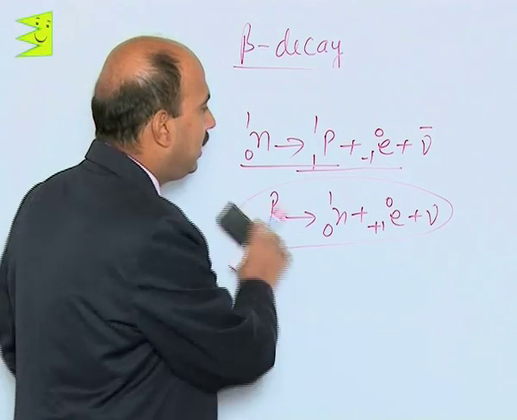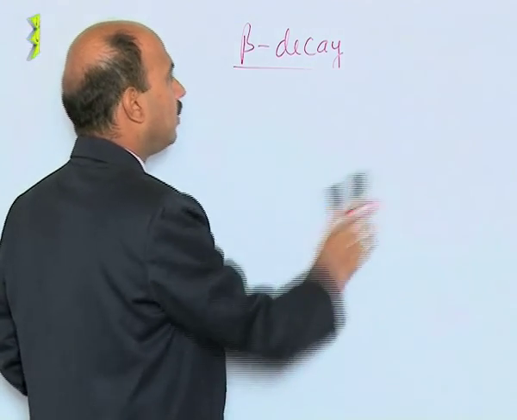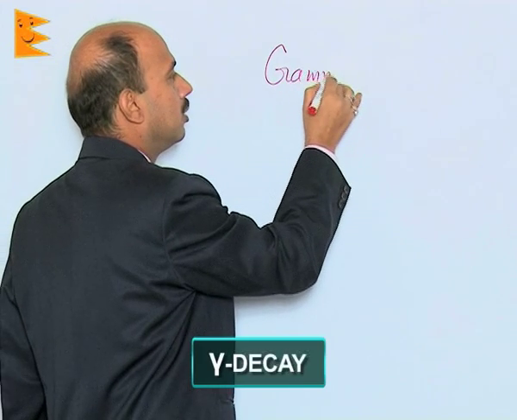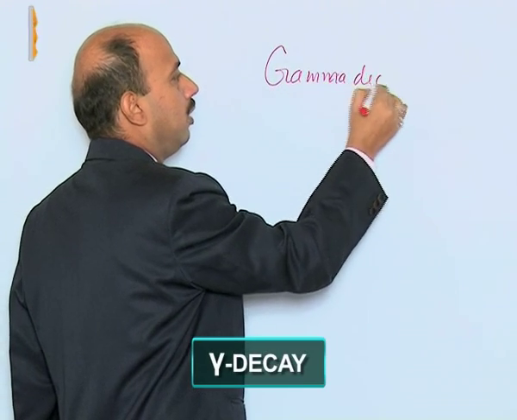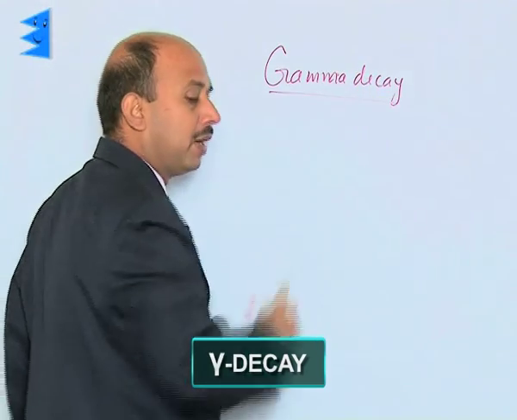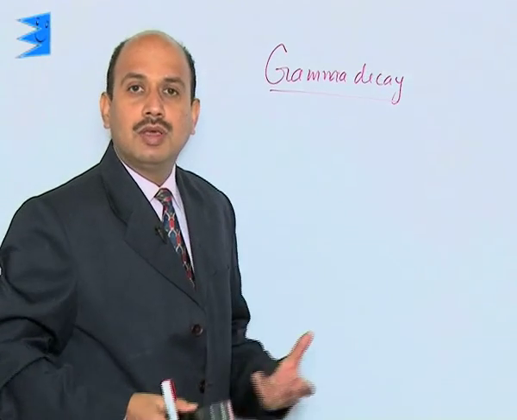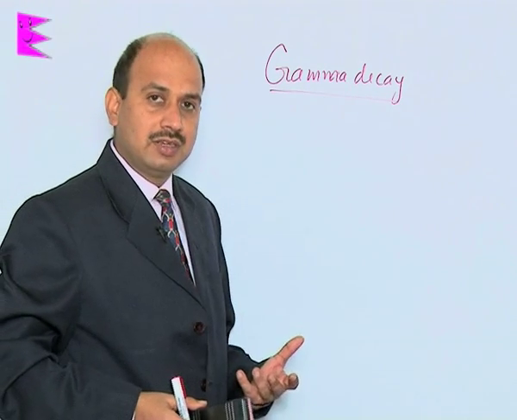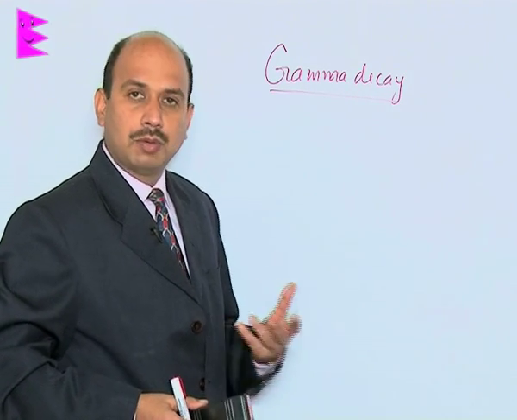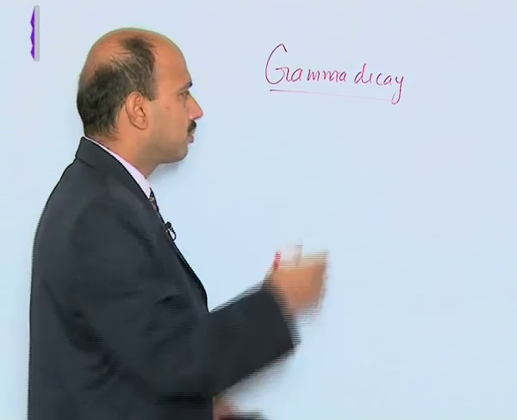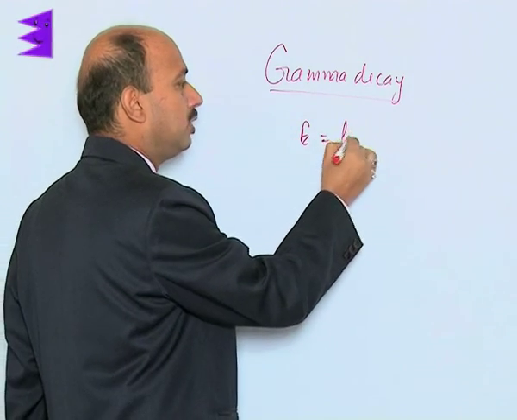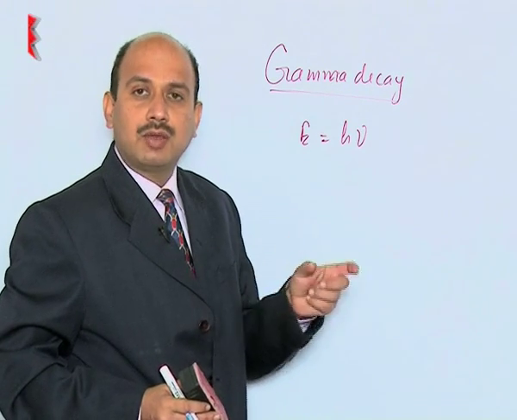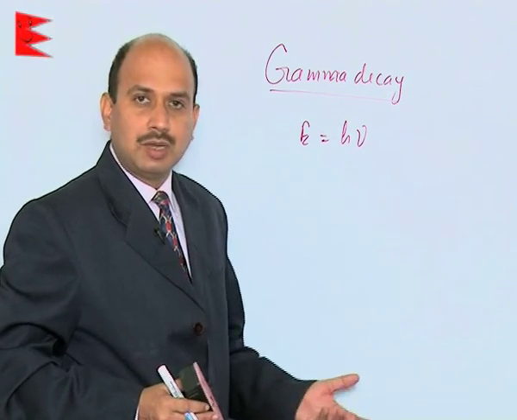Now after the beta decay we can take the gamma decay. In gamma decay, see here, after the emission of a beta particle or an alpha particle, the nucleus is in an excited state. When the nucleus is in an excited state, it emits energy in the form of gamma radiation, that is, photons. That energy is equal to h nu, which is actually equal to the energy difference between the two states, like one excited state and the ground state it is jumping to.